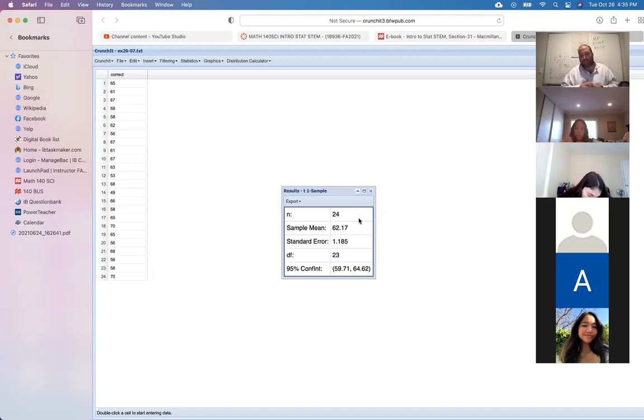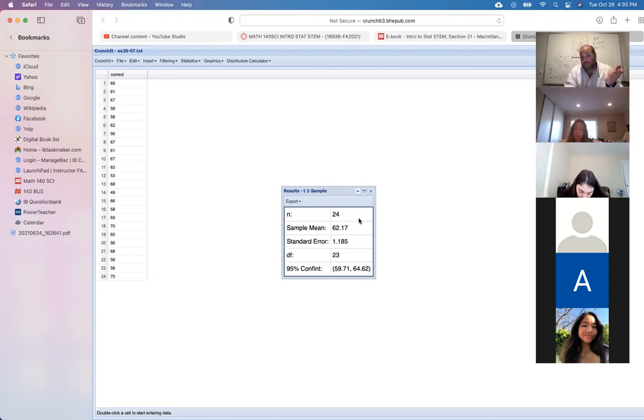Which is basically what the computer gave me. Right? Now, if I rounded, it should be 59.72, and they have 59.71.